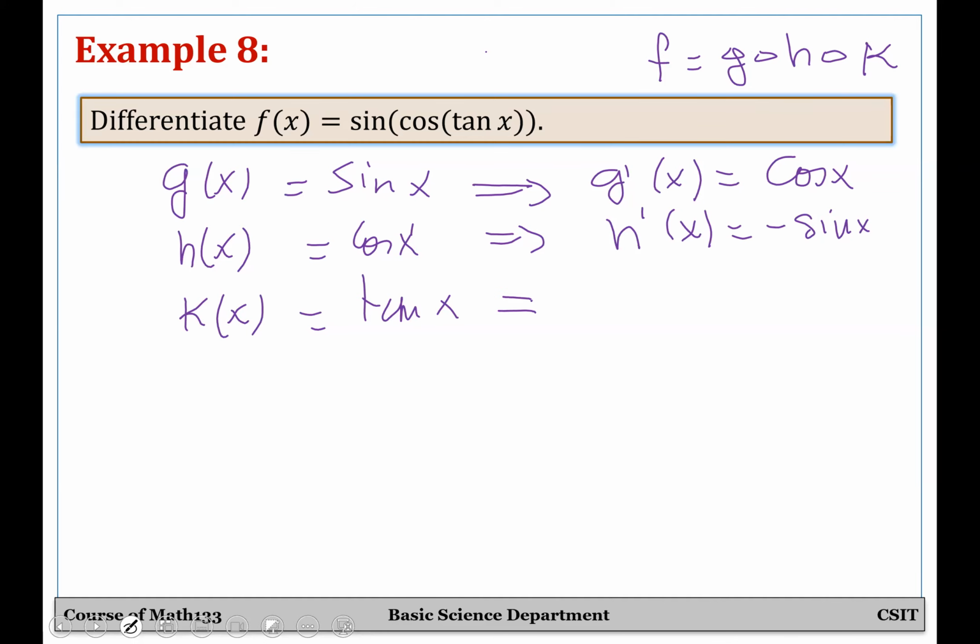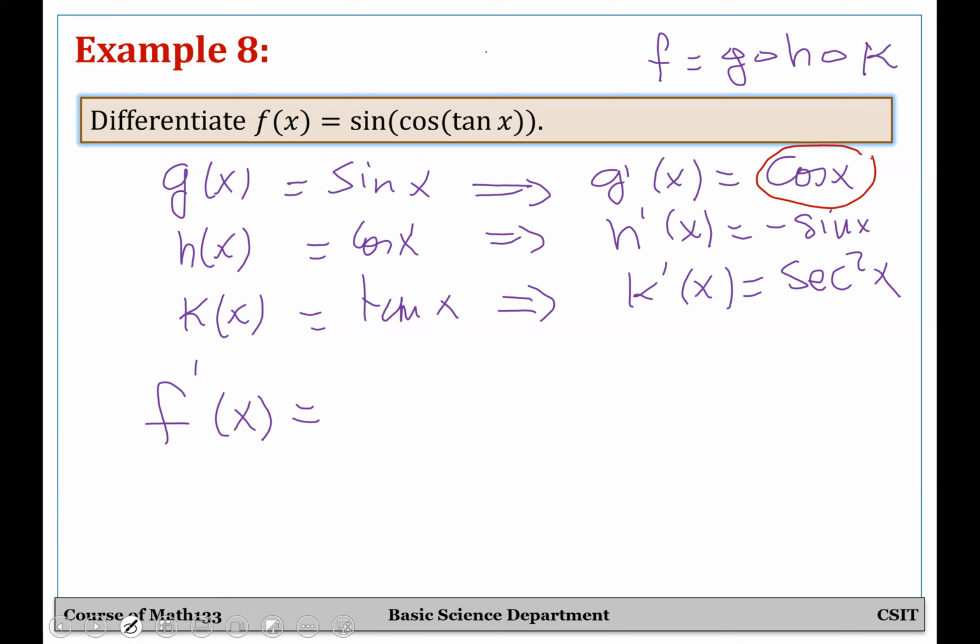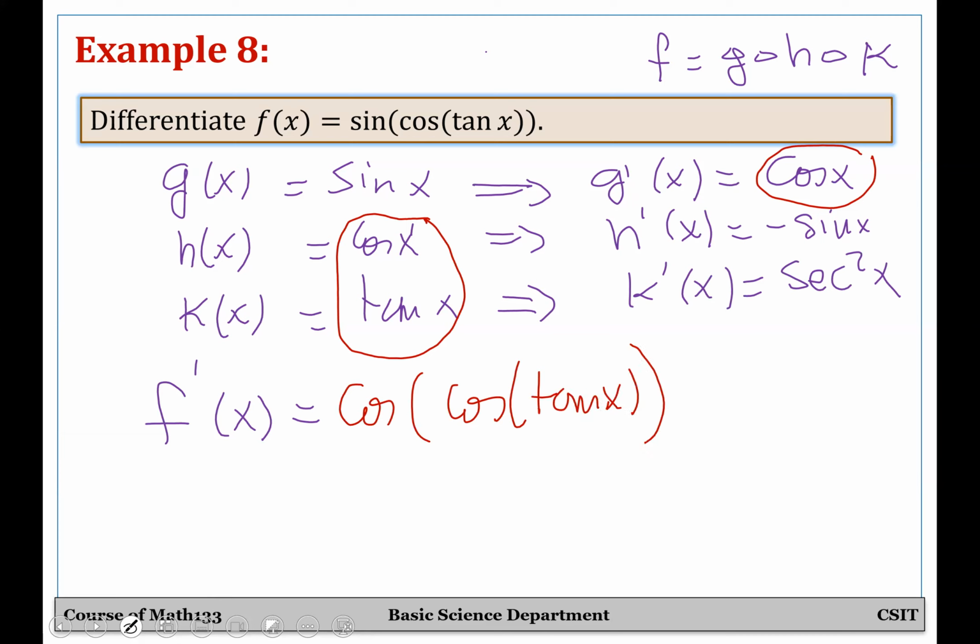And the derivative of tan is equal to secant squared x. So in total, I will have f prime of x equal to, remember what I did before. The cosine will be taken at both these composed with this. So cosine of tan, multiplied by the second one, taken at this.